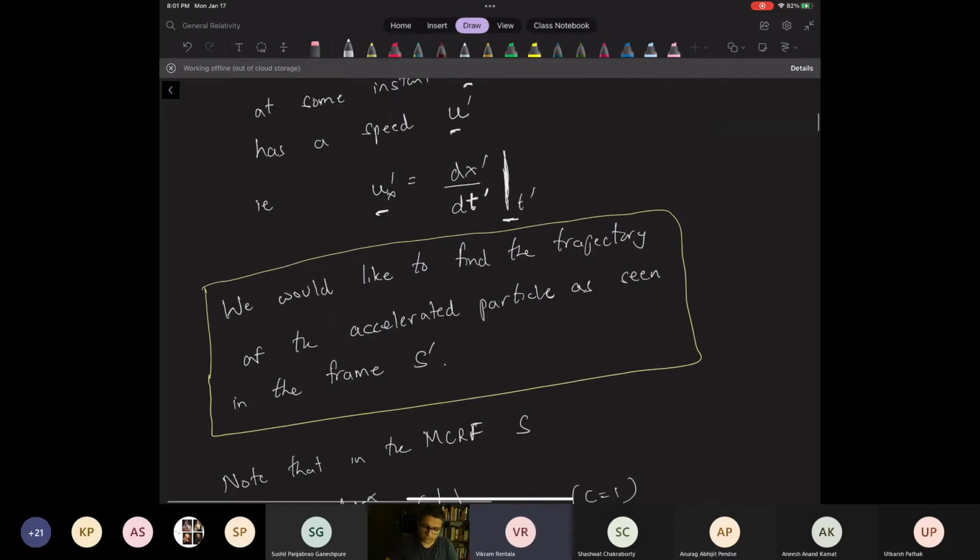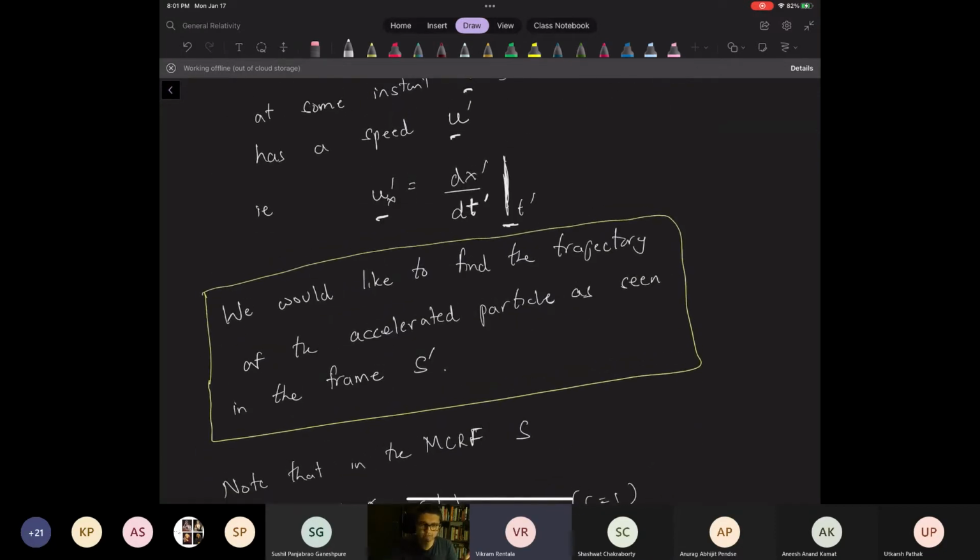Now, assuming that this particle has a constant acceleration in its MCRF, not in frame S prime. We saw that it's impossible for it to have constant acceleration in frame S prime, because then it would accelerate to a speed greater than the speed of light. But what we will see is that it is possible for the particle to have a constant acceleration in its momentarily co-moving rest frame.